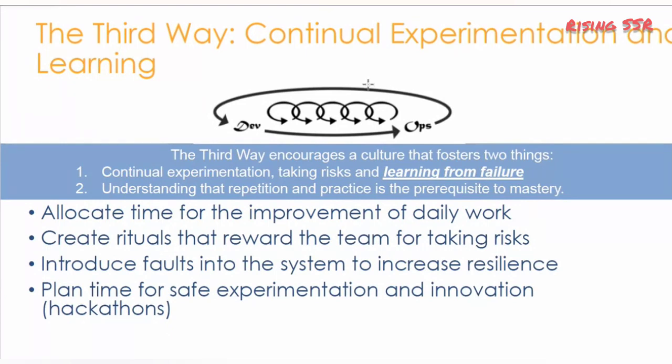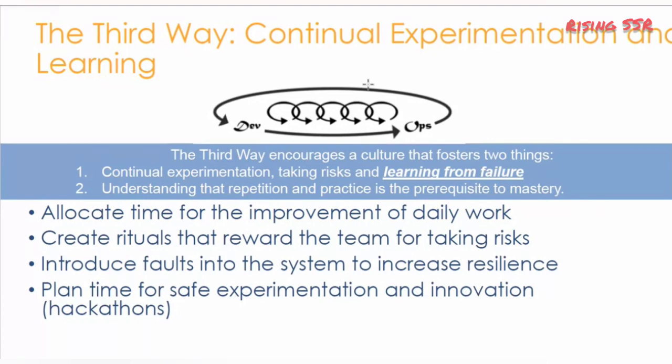Right. From dev to ops. If ops experiences a problem, immediately feed it back to dev, right? Dev fixes that, goes back to ops. Same thing continues. So you are amplifying the feedback loop so that the overall elapsed time is reduced. That is the second way.